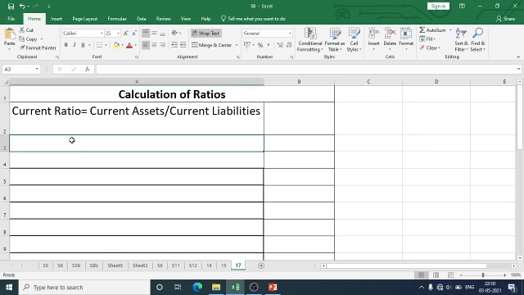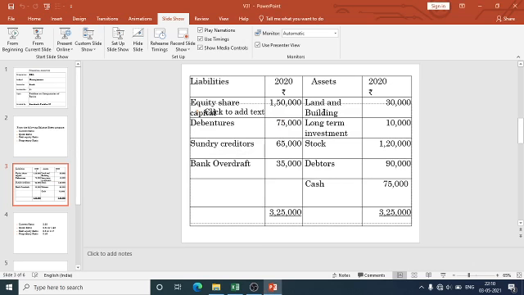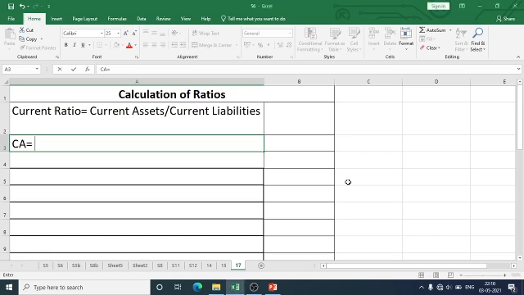Now we need to know the value of current assets and current liability in the problem. So current asset is equal to, the items we need to take from the balance sheet here. Stock, debtors, and cash are the components of current asset. So stock plus the value of the debtors plus cash.